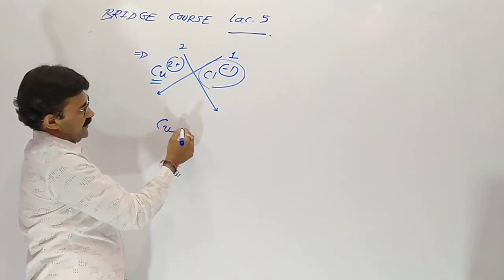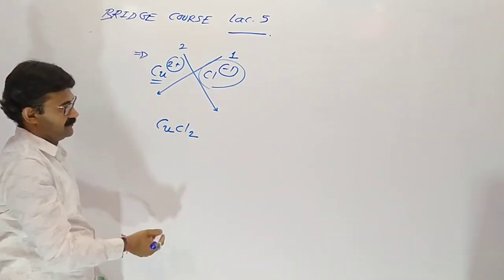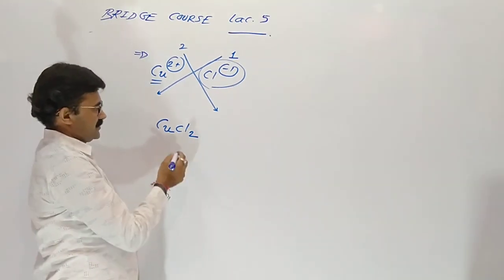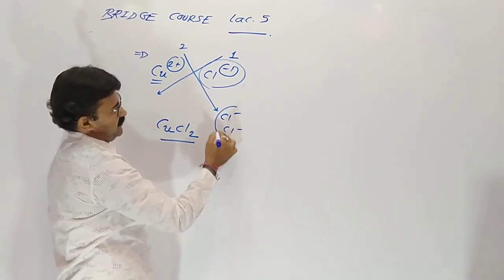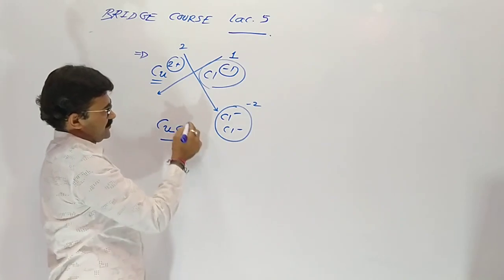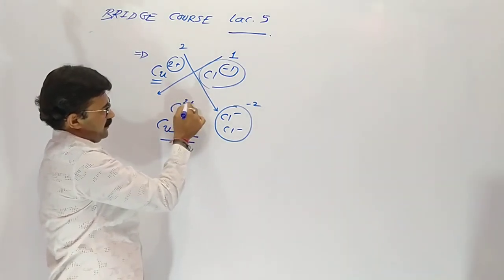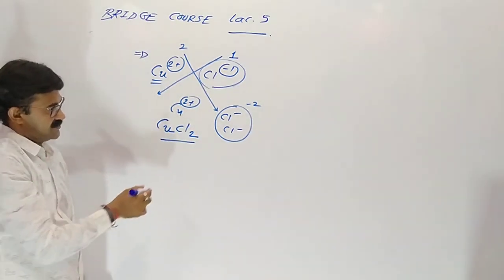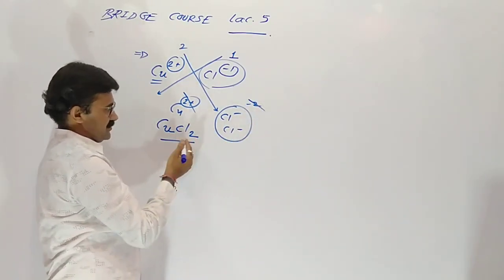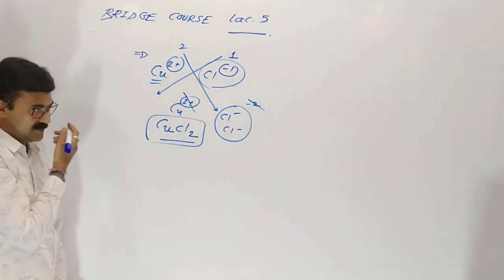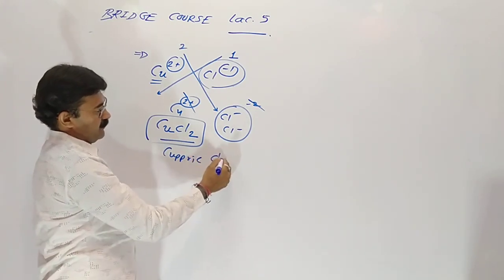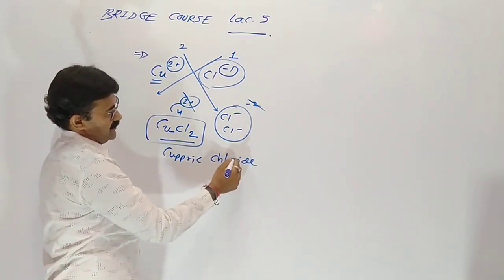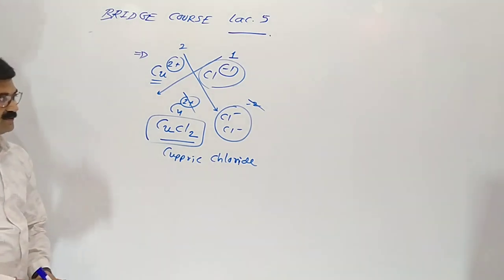So Cu 1 time, chlorine 2 times. Yes, CuCl2. Why? 2 chlorides possess total charge minus 2 and 1 cupric already has plus 2. Plus 2 and minus 2 cancel. So CuCl2. Cupric chloride is the name of the compound.